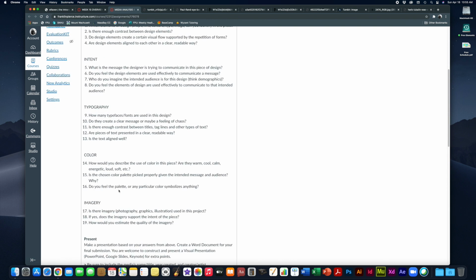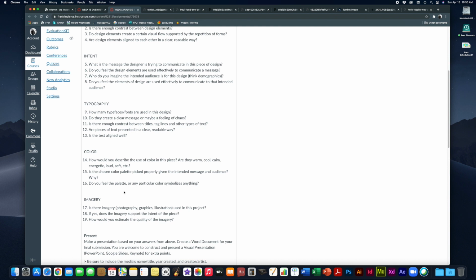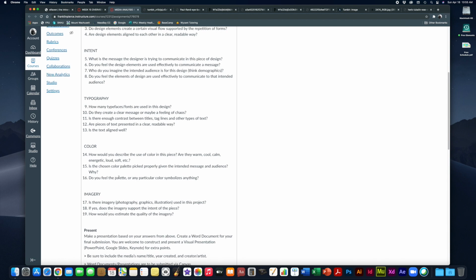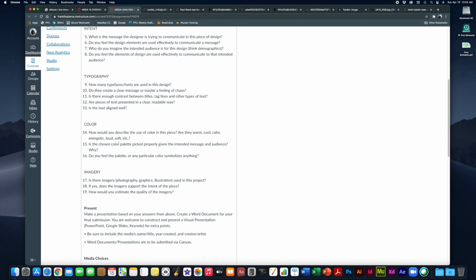That said, if you think to yourself, oh, I'm not really an expert in design, I'm going to have trouble analyzing these, don't worry about it. Just use your best instincts, just like we did for movies and television and art. The goal here is to use what you know and look very carefully at things and try to make as many assumptions based on your knowledge as possible, right? Educated assumptions. So we're going to dive into that.